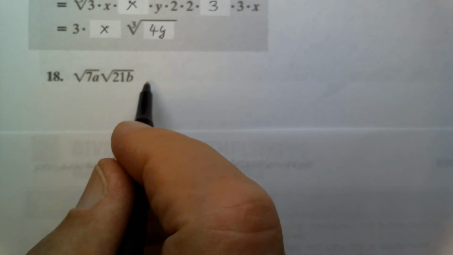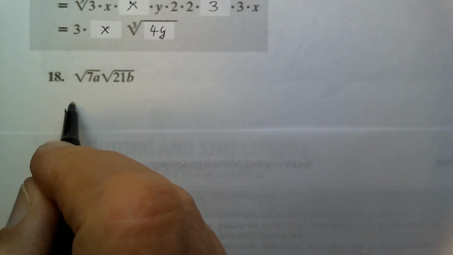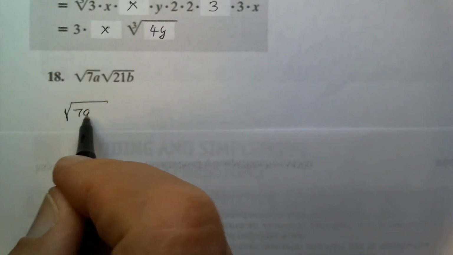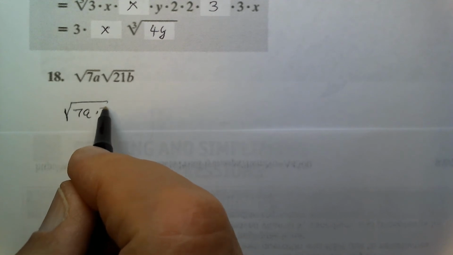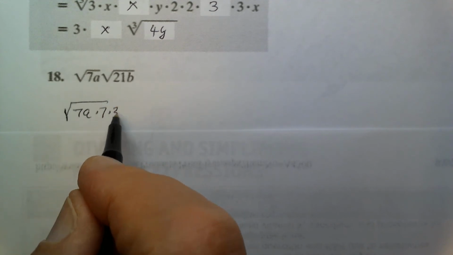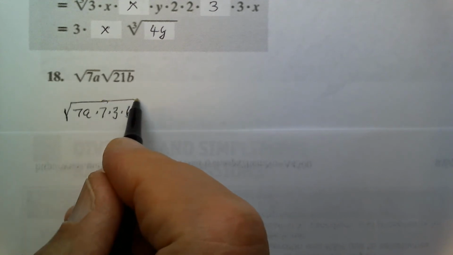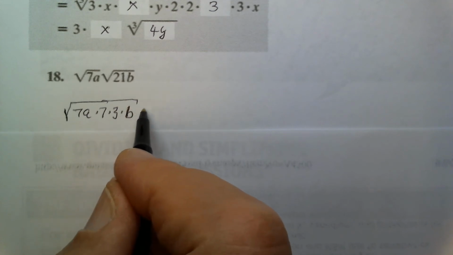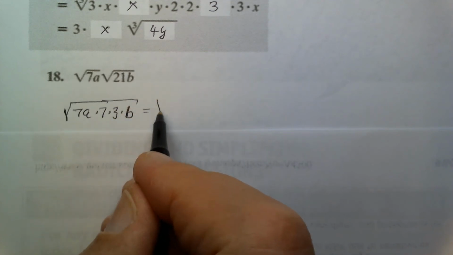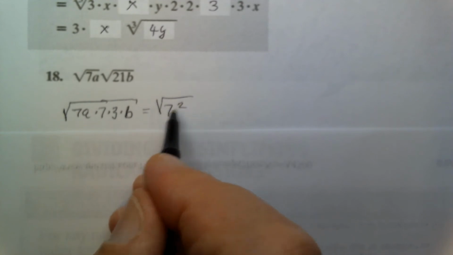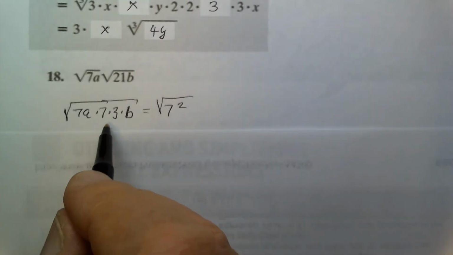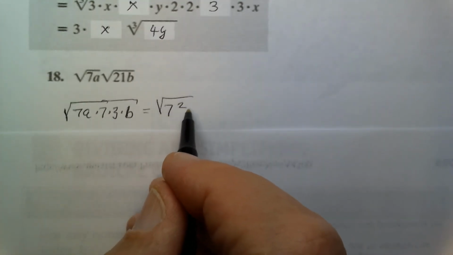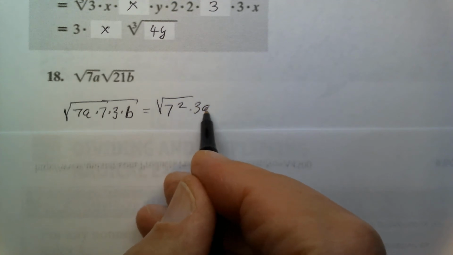In number 18, we rewrite the expression as radical 7a, and we factor 21 as 7 times 3 times b. So now we have the square root of 7 squared, and then there's a 3ab.